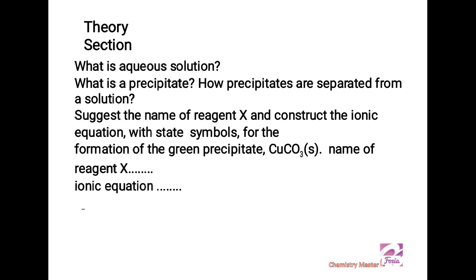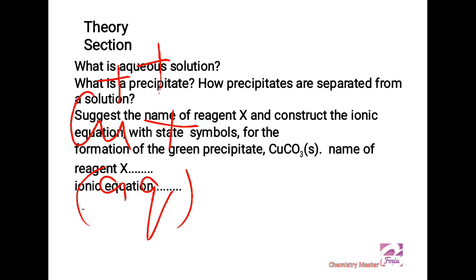One of the chemicals required here is copper in the form of copper sulfate. As the copper ions are dissolved, they must be in their aqueous state. And the other chemical used here is sodium carbonate, which is giving carbonate.